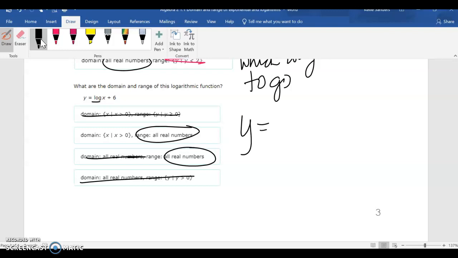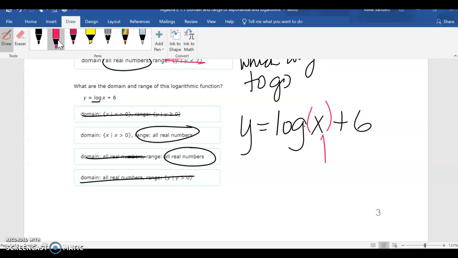On this, usually there's going to be parentheses there and maybe a number with it, maybe +3 or -4 or anything like that.